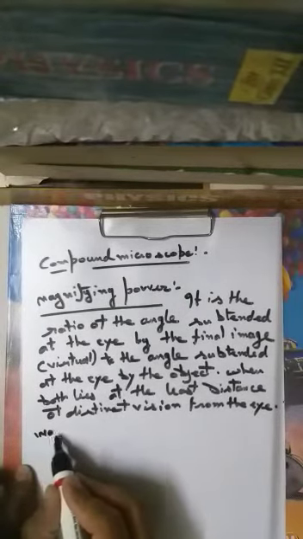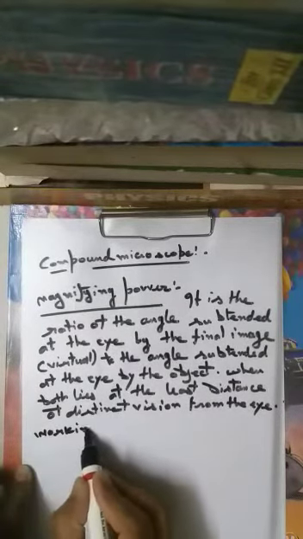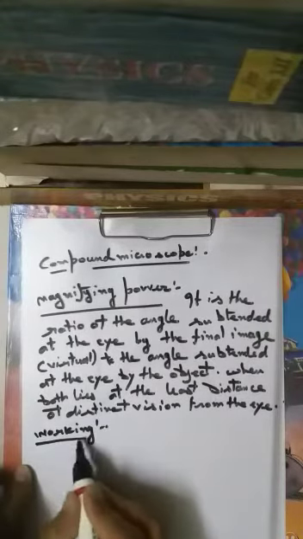In working, we have two cases. Case number one: object lies at the least distance of distinct vision.